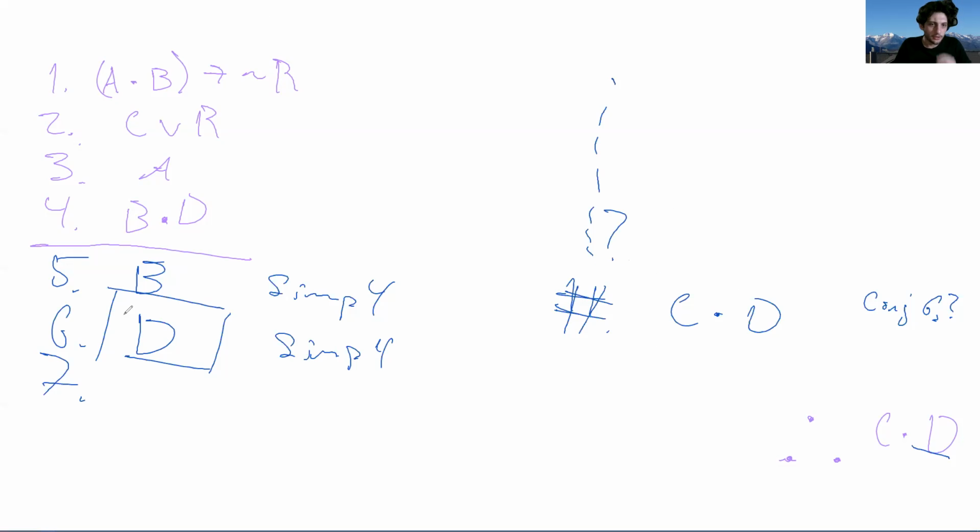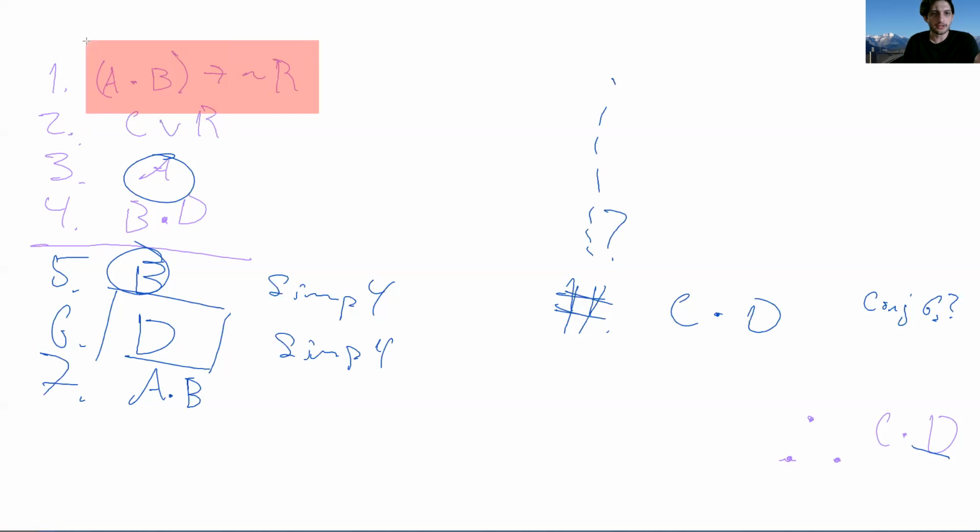Okay, so now we need to find C, and maybe it's a little clearer. We still can't do a modus ponens, but this is where the problem solving comes in. The idea is that now you have A and you have B. If you're familiar with your rules, you know you can put them together to say A and B. And why would you want to do that? Because when we started off the proof, we said it'd be nice to do a modus ponens, so it'd be nice to have the left-hand side of the conditional.